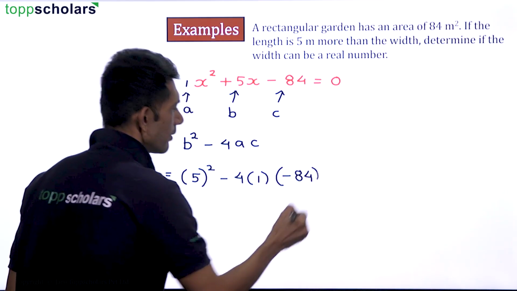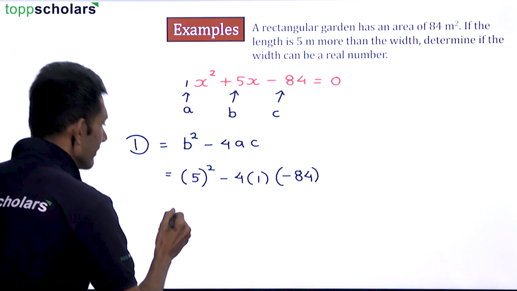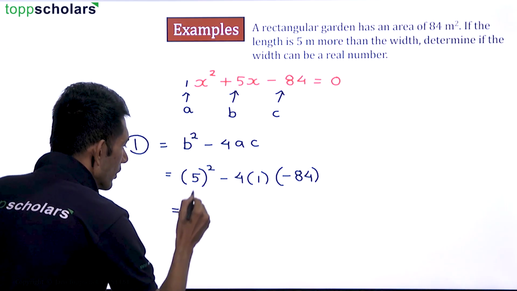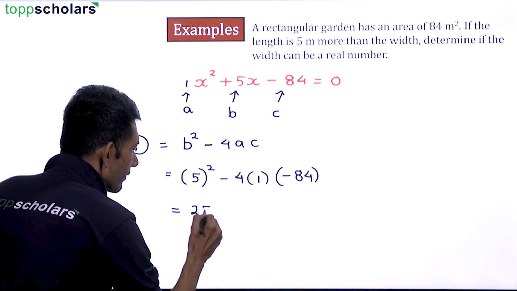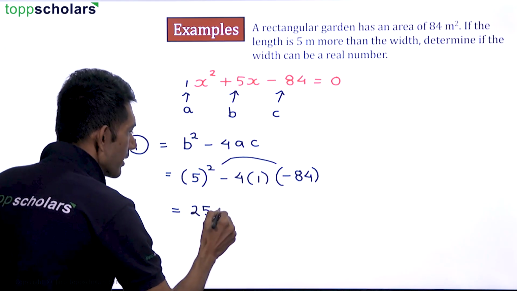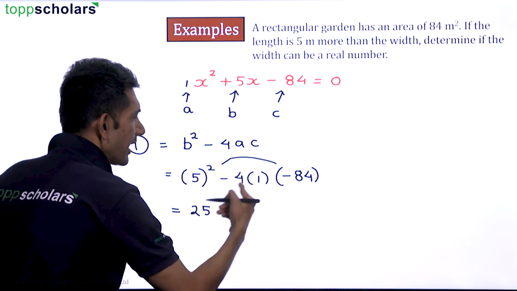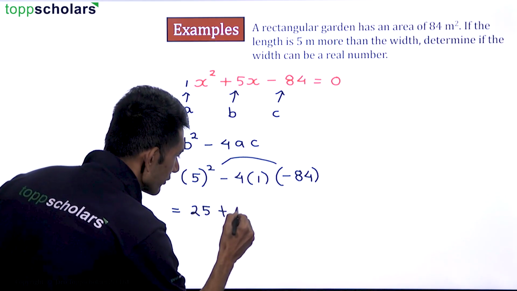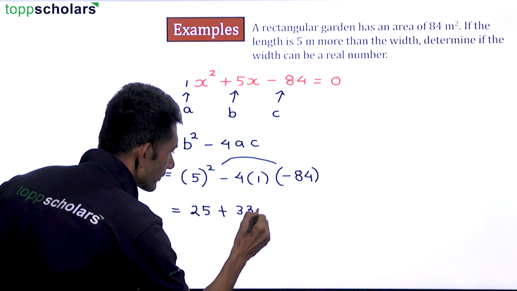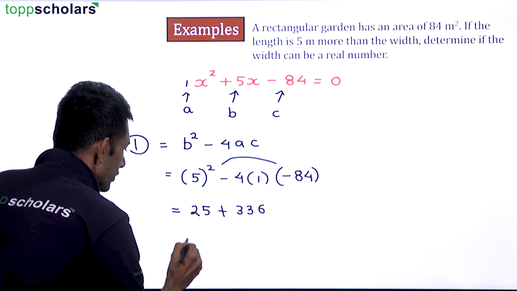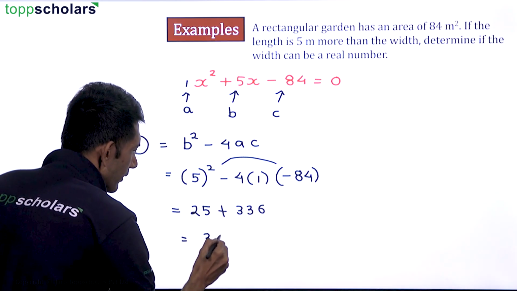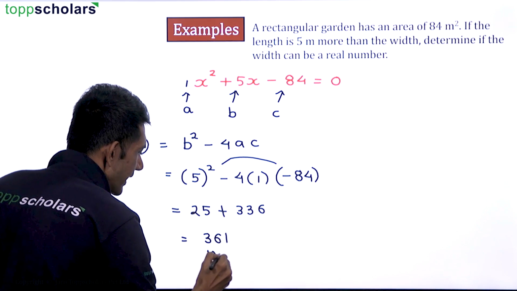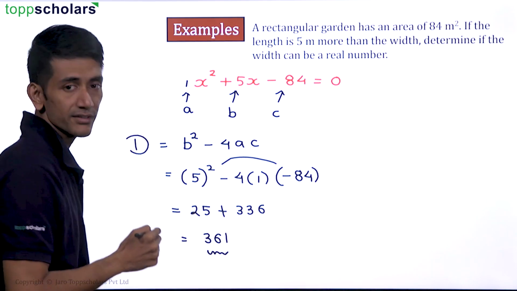That is equal to 25. Now minus minus will become plus. 84 fours are 336. So this becomes 336, and 336 plus 25 is 361. Now understand, D is 361.